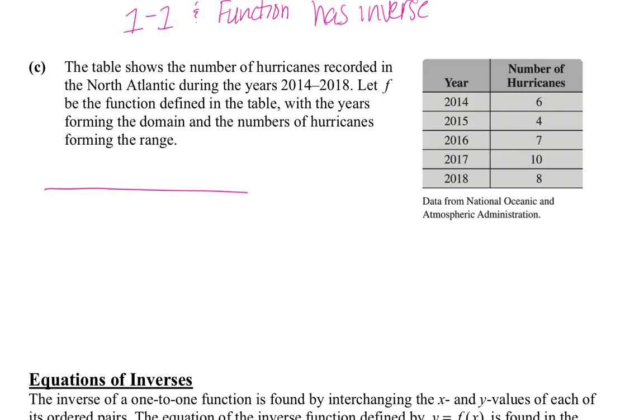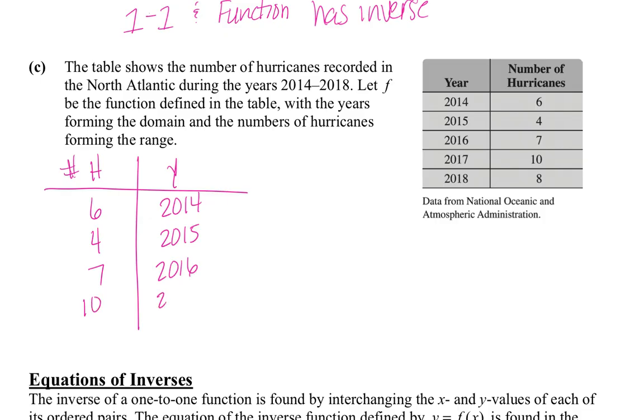So this is 1 to 1, therefore there is an inverse. So now I can put the number of hurricanes and the year. So 6 hurricanes in 2014, 4 hurricanes in 2015, 7 in 2016, 10 in 2017, and 8 in 2018. So this is a 1-to-1 function.